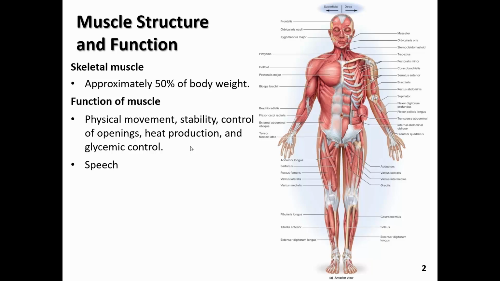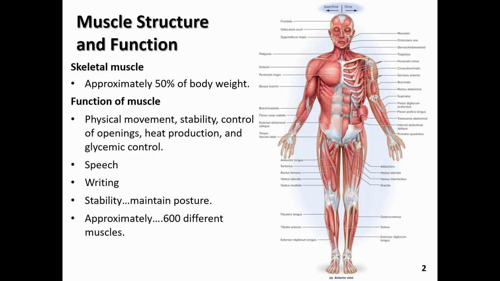Skeletal muscle also functions to generate speech, and is important in order to carry out handwriting. It provides stability, as indicated a moment ago, in terms of maintaining posture. There are approximately 600 different muscles in the human body.